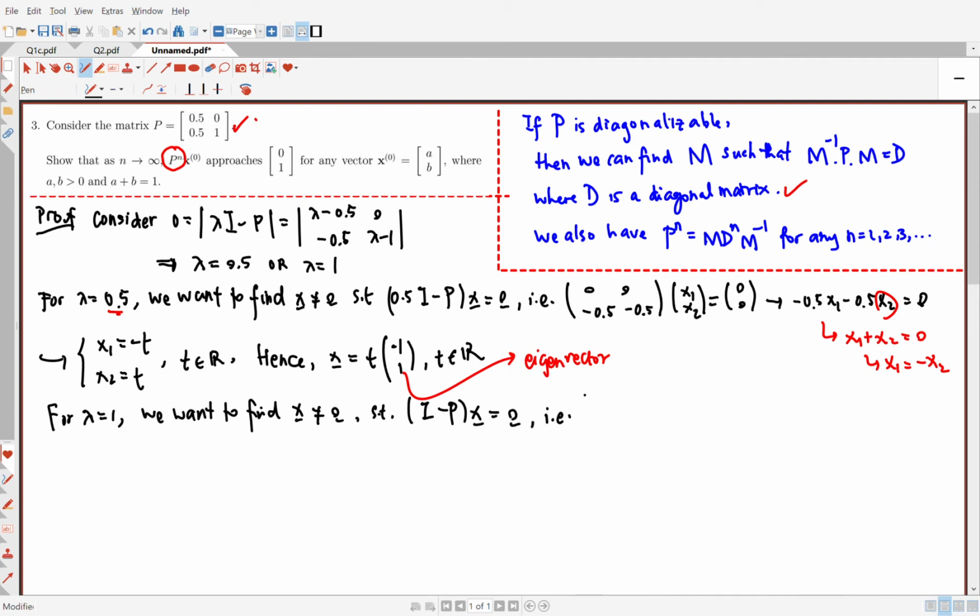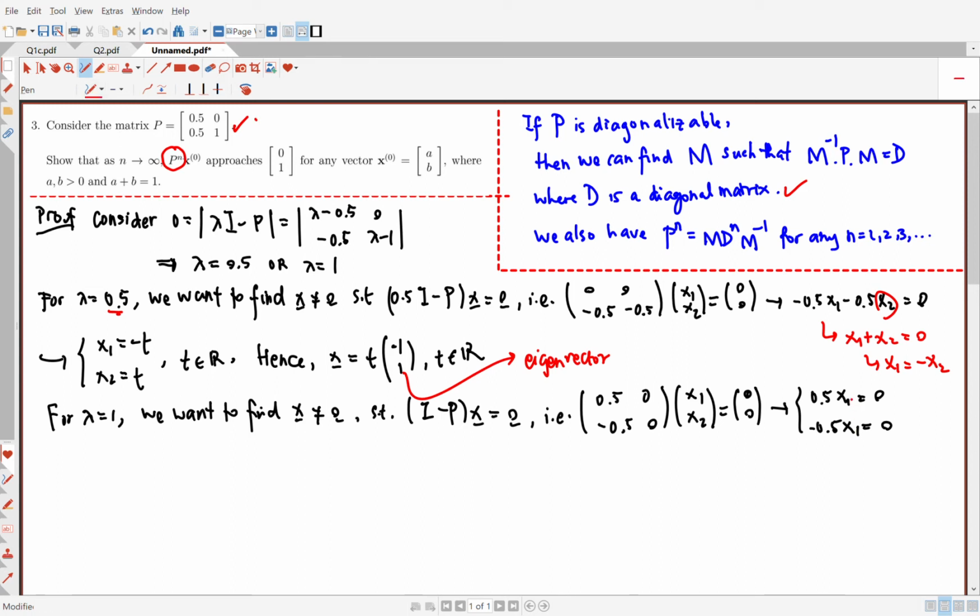In other words, it is the matrix 0.5, 0; minus 0.5, 0 times x1, x2 equal to 0, 0. This gives us 0.5 x1 is equal to 0, and minus 0.5 x1 is equal to 0.